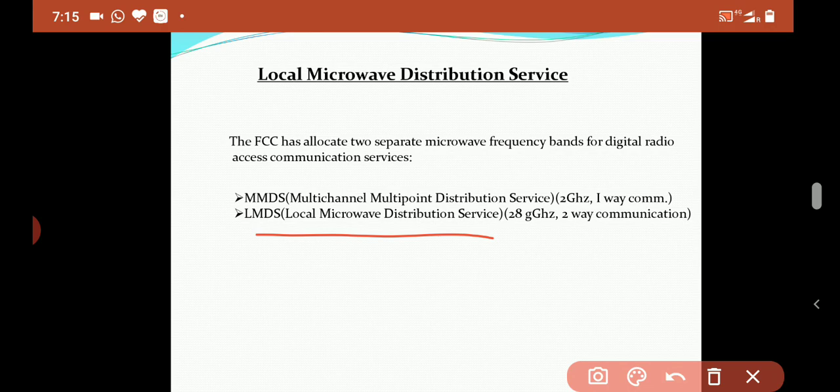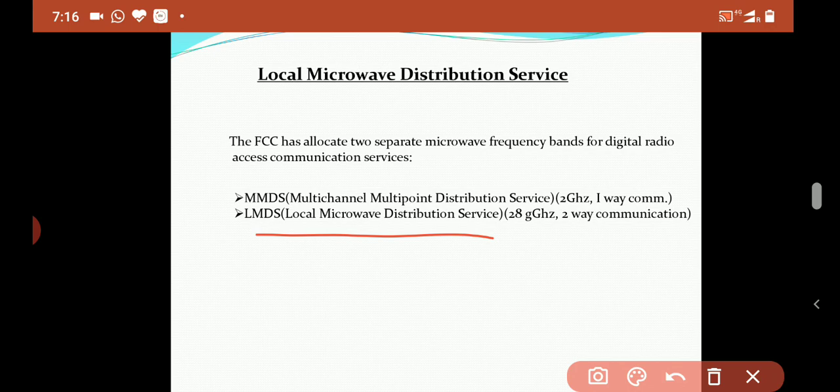If we talk about microwave communication and we are working at high frequency, then the rainy season is one of the disadvantages, because in the rainy season your electrical energy converts into vibration energy, and vibration energy somehow distorts your signal.